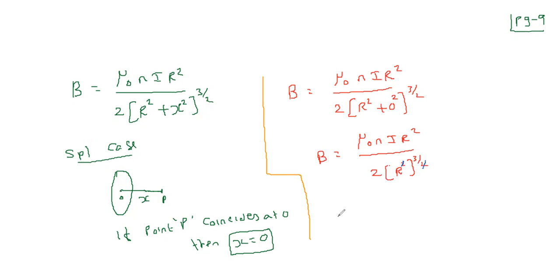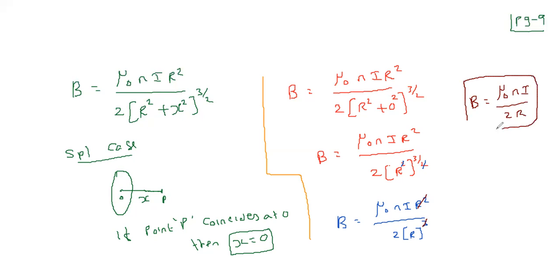So we are getting B is equal to mu naught n I R square by 2 R cube. If we cancel R square with R cube, we are getting B is equal to mu naught n I by 2R. So it is a special case. For any circular coil carrying current, this is the magnetic field at the midpoint.